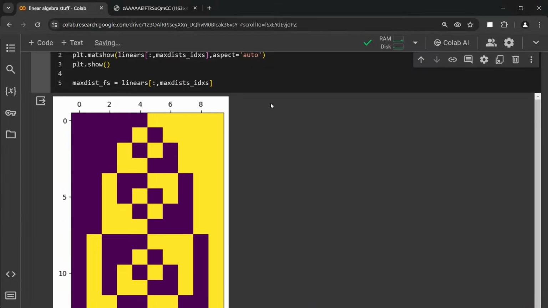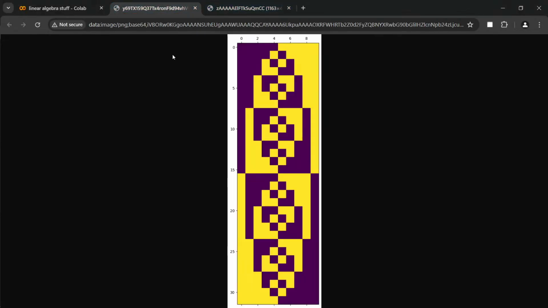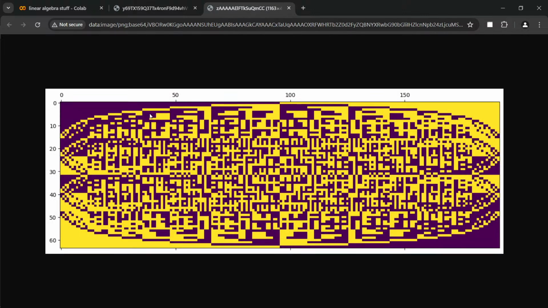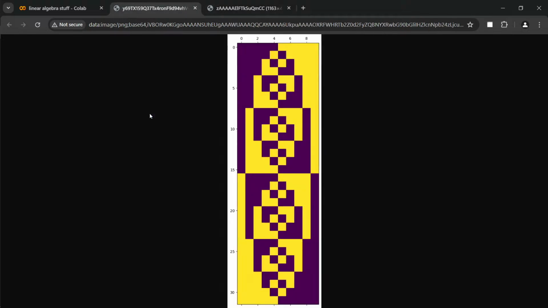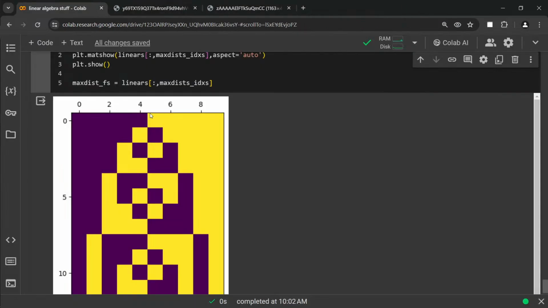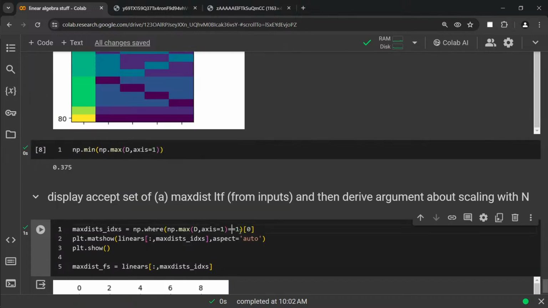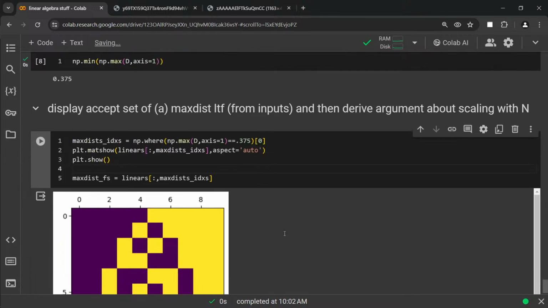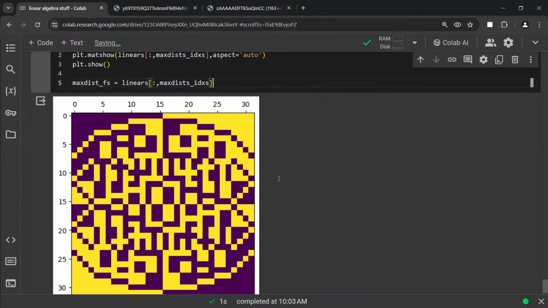Well, it's input identities and their negations. Right. So those are the input identity functions and their negations, and we're trying to find LTFs that are maximally distant from those. Which empirically is 0.375. So that's why we're typing in 0.375.